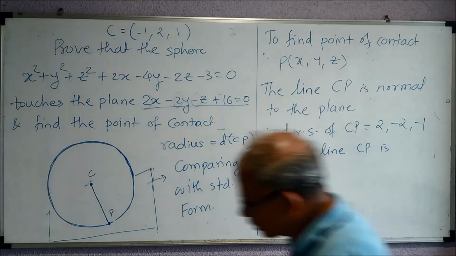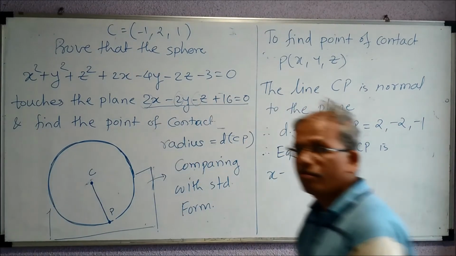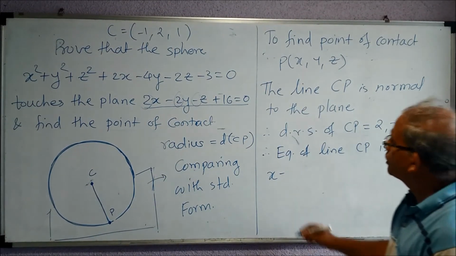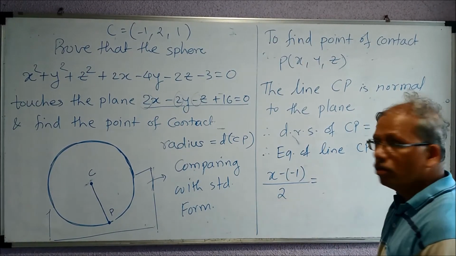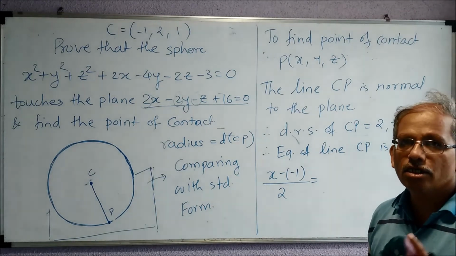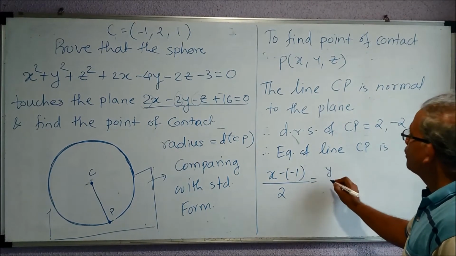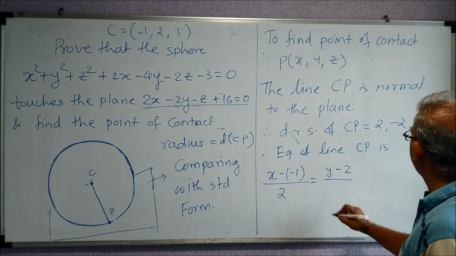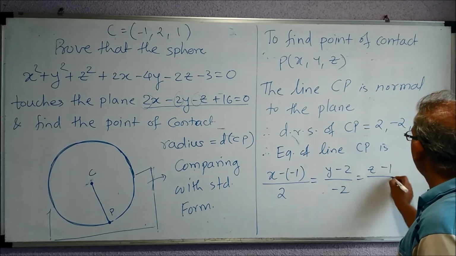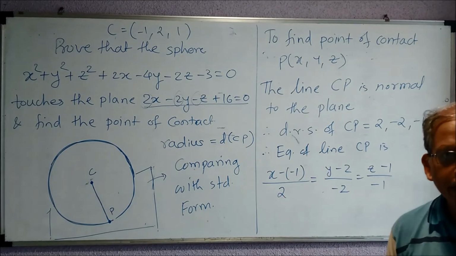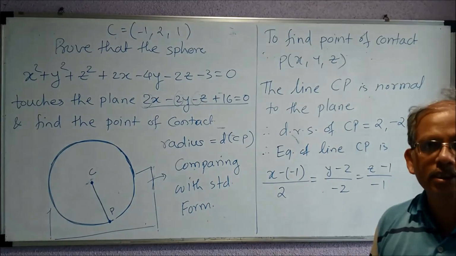These are the coordinates of C. So x minus -1 divided by the DR 2, equal to, this is an equation of a line in 3 dimensions, y minus 2 divided by -2 equal to z minus 1 divided by -1, right? So any point which is lying on this should satisfy this equation.